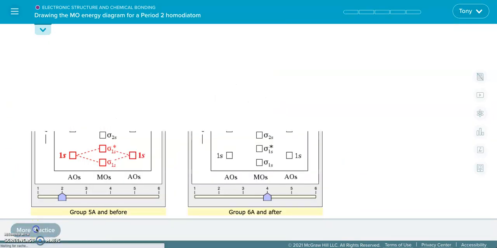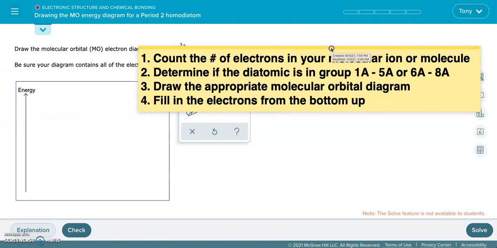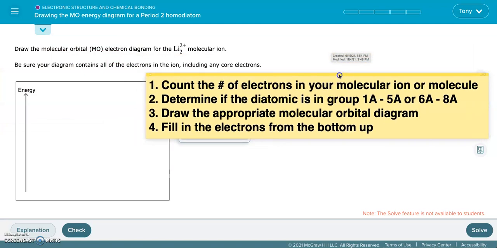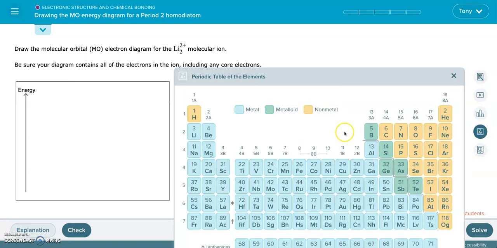But let's go ahead and jump into this and actually do the problem. To do the problem, I put together this little step-by-step process. Number one, count the number of electrons in your molecular ion or molecule. That is always going to be the most important thing. You can use the periodic table here to help you if you want to make sure. So here we've got lithium.